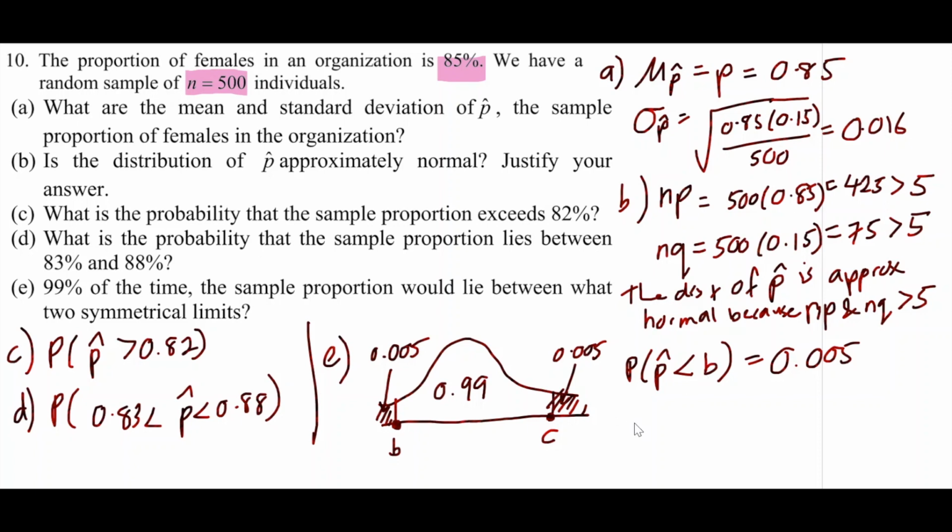To find the value of C, instead of looking at this area here, I would be looking at this whole area here, because we'll be needing the statistical table to solve the problem. So P hat less than C equals 1 minus 0.005. Then I would transform and solve the problem.